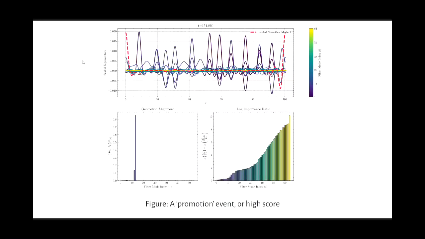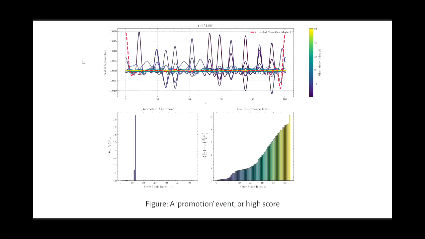And the way that this score is calculated is shown in these two plots. The first one is the alignment between the first smoother mode and all of the filter modes. And the second one is this log importance ratio. So it's the weighting from the smoother against all of the modes from the filter. And all you do to find the score is you get this number and you multiply it by the corresponding column here, and then you add across the whole thing.